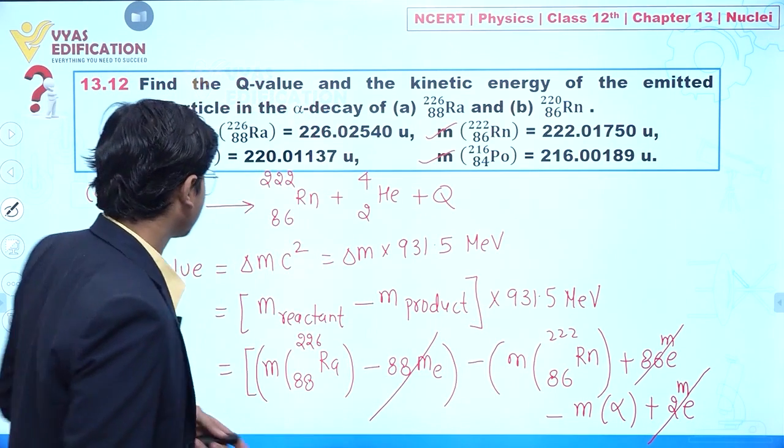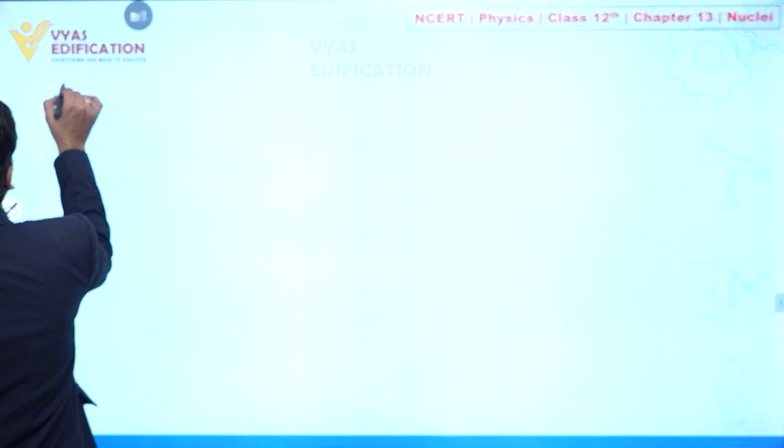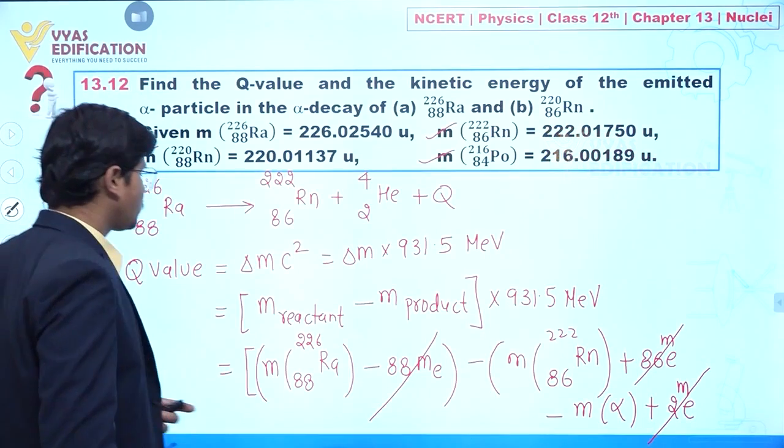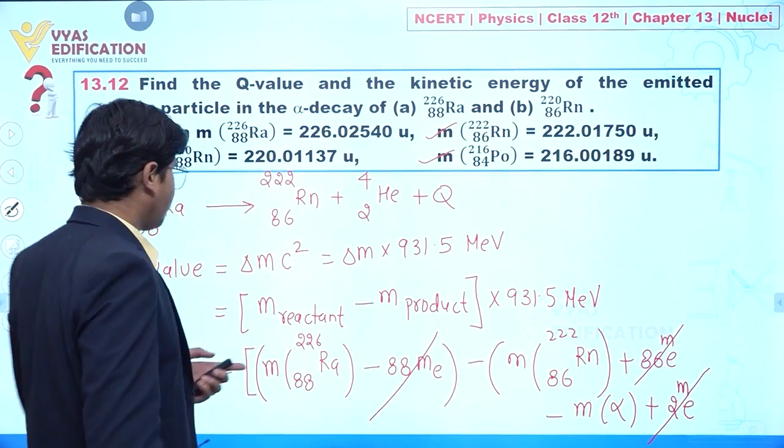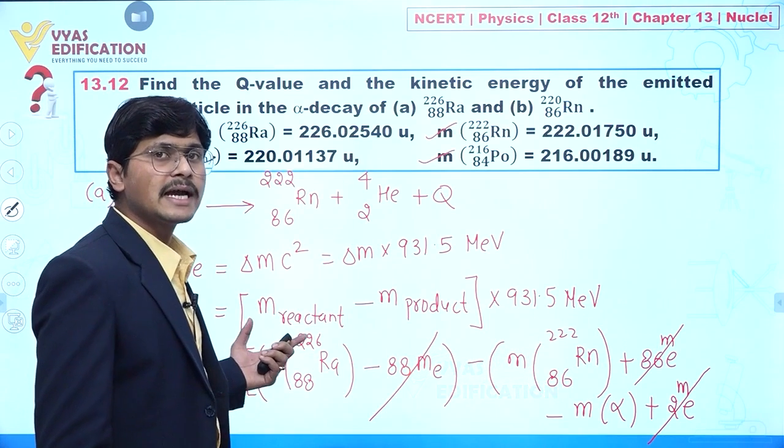Clear to you? Yes. So now from that we can write the Q value. This Q value is given by the mass of this radium. This is the atomic mass.